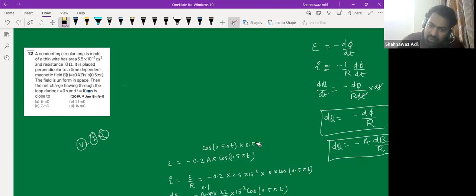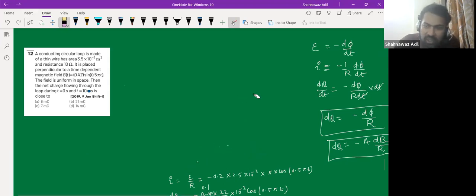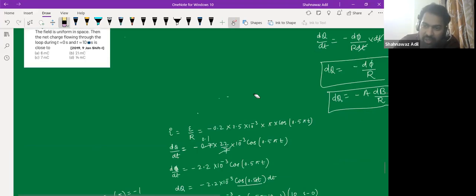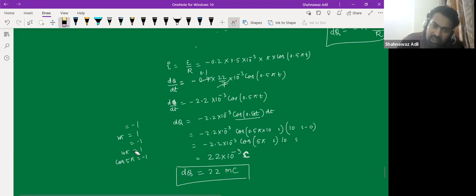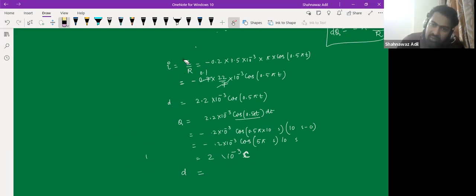What did we do in our case? We calculated the I first by differentiating, and then we calculated the charge. So that is the wrong way, right? We have to directly calculate the charge. When I differentiated that thing, in that moment it was wrong.